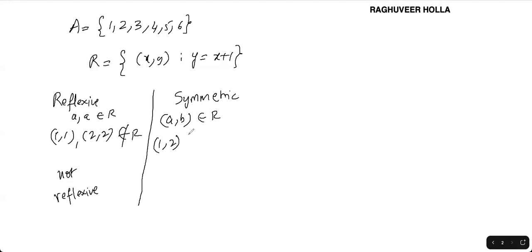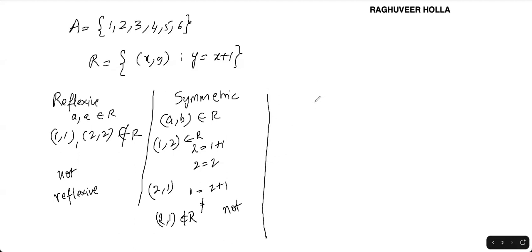If this is x and this is y, then 2 is equal to 1 plus 1, that is 2. But if I put 2 comma 1, then 1 is equal to 2 plus 1, which is not satisfied. So 1 comma 2 belongs to R, but 2 comma 1 does not belong to R. If both belong to R, then we can say it is symmetric. Hence it is not symmetric.